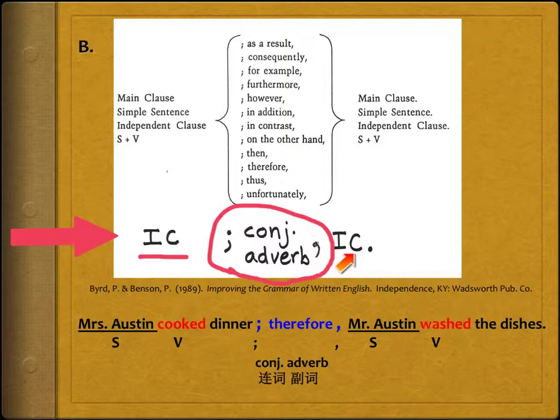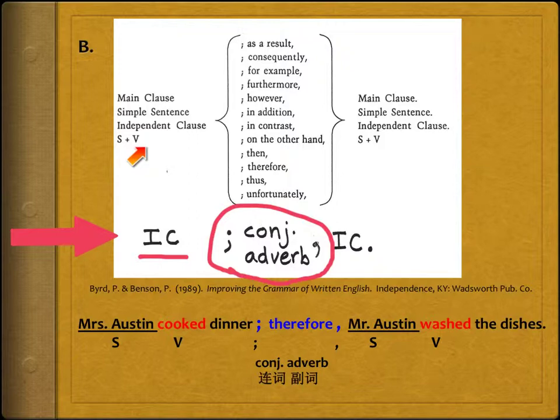Once again, we can talk about this independent clause using the terminology independent clause, or simple sentence, or a main clause. They all mean the same thing. An independent clause always has a subject and a verb.